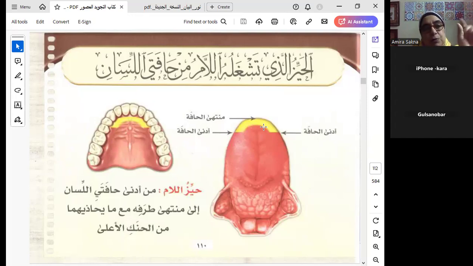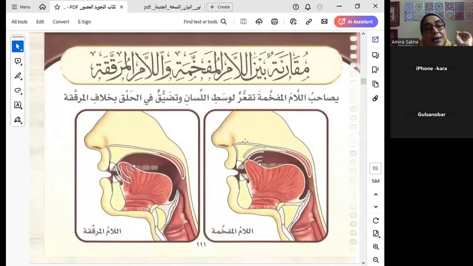This sometimes could be a heavy letter, harf mufakham, and sometimes a light letter, harf muraqqaq, according to the short vowel before it. If it's preceded by fatha or damma, the lam of Allah will be a heavy letter. If it's preceded by kasra, it will be a light letter.